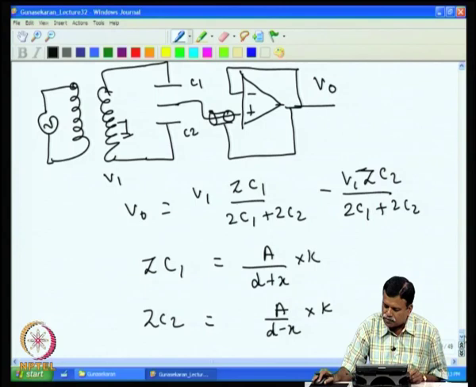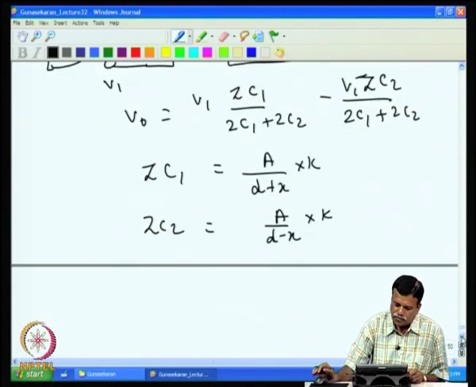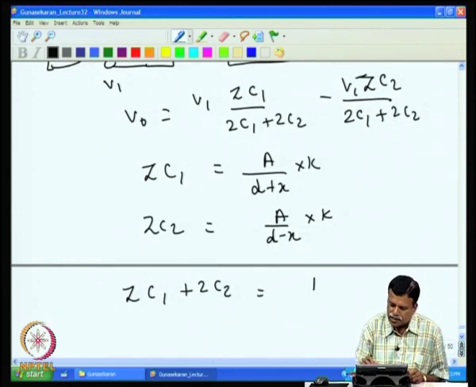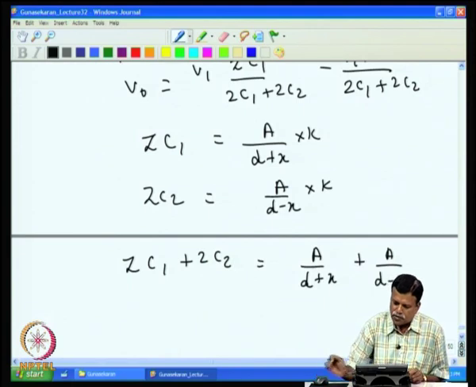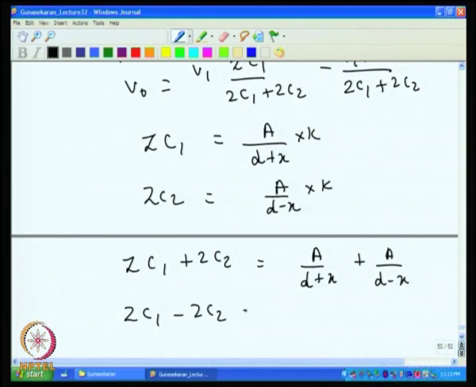At this point of time we keep it as constant. Then if you find ZC1 plus ZC2, that comes as a by d plus x plus a by d minus x, and then ZC1 minus ZC2 comes as a by d plus x minus a by d minus x.